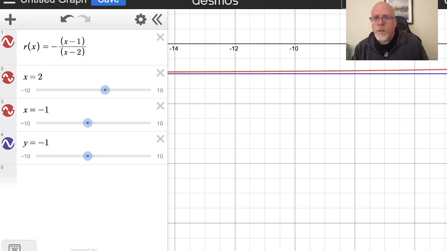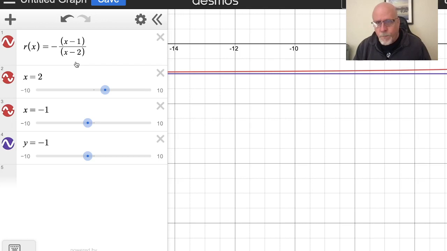Well, I want us to just look at the formula for this particular rational function and see why it is that we would expect to just get a number when x was relatively large. So I usually like to say, well, what happens when x is 1,000,000? If x is 1,000,000, we've got 1,000,000 minus 1 in the numerator, and we've got 1,000,000 minus 2 in the denominator.